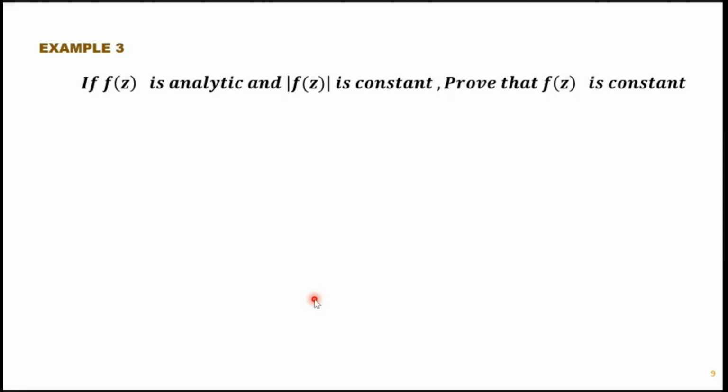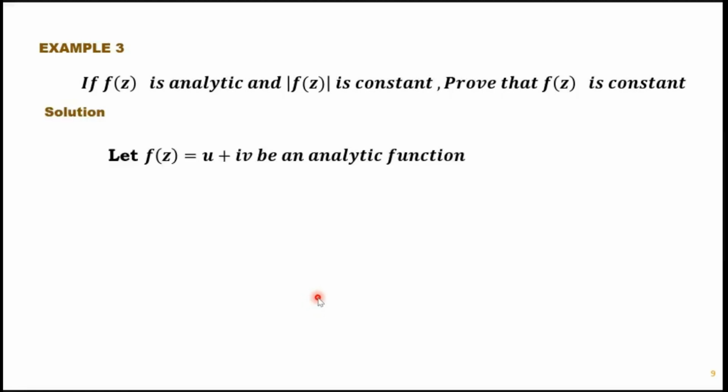Now, if I take f of z to be equal to u plus iv, ठीक है, what is the modulus of any complex number? If z is equal to x plus iy, then what is modulus of x plus iy? Modulus of x plus iy is square root of u square plus v square. Mod, it is not bar. It is not conjugate.